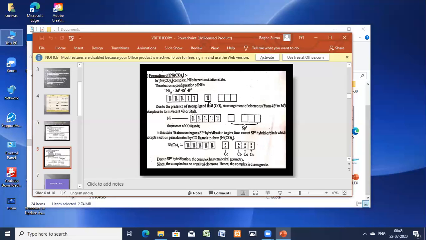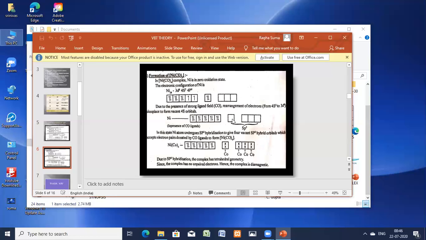Now the 4 empty orbitals are 1, 2, 3, 4: the 4s orbital and the 4p orbitals px, py, pz.